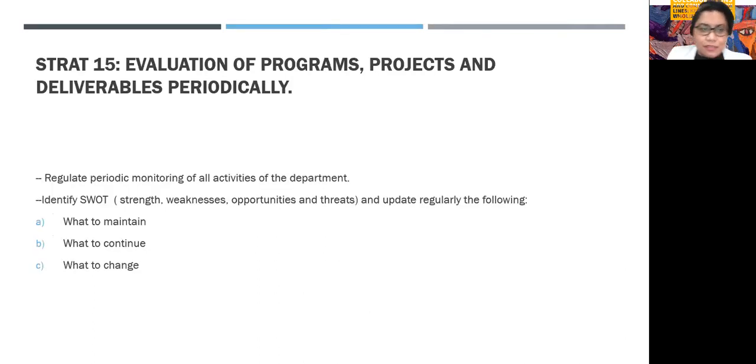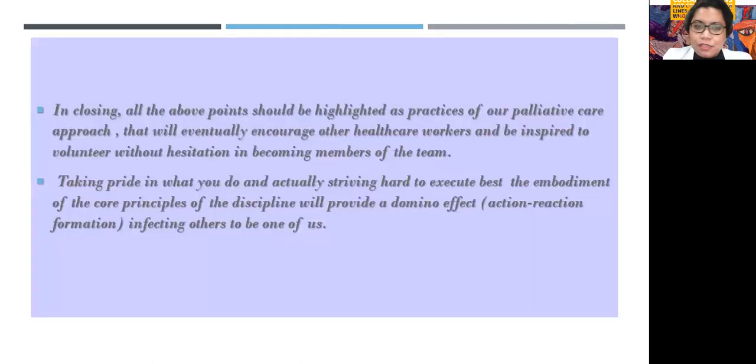So lastly, for strategy 15, evaluate programs, projects, and deliverables periodically, regulate periodic monitoring of all activities of the department, identify SWOT analysis, and update regularly the following: what to maintain, what to continue, and what to change.